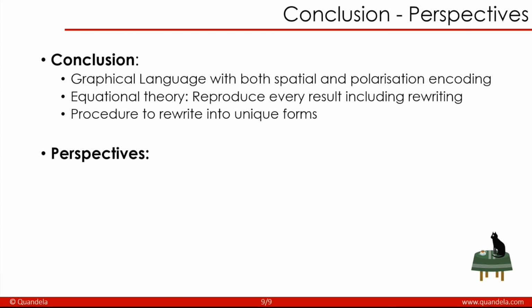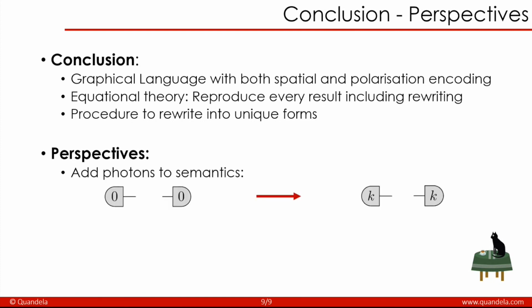And finally, the perspectives. As you may have understood with the graphical language and at least the LOv-Calculus, we don't talk about photons. So the semantics contain only sources and detectors with 0 photons. And so we would like now to go further and to not only think of linear optical circuits, but also linear optical circuits with photons and with conditions of detecting some photons on some wires.